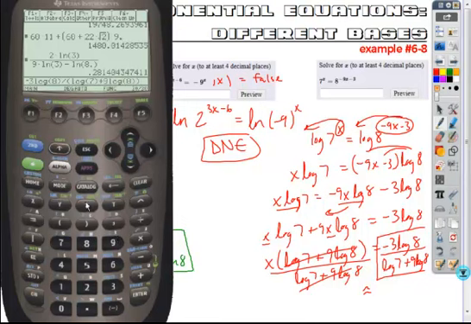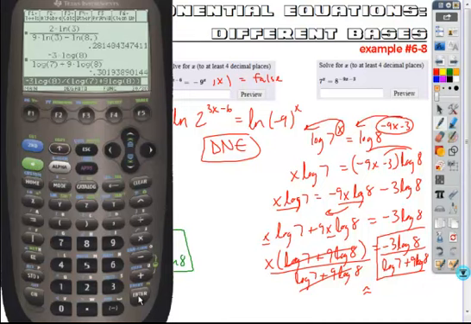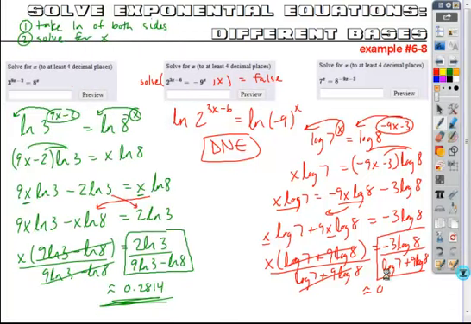Close that off. And I'm going to put a diamond so that my answer is displayed in decimal form. I get negative 0.3019. And so that would be the decimal equivalent. If you used ln's instead of logs, you're going to come up with the same number.